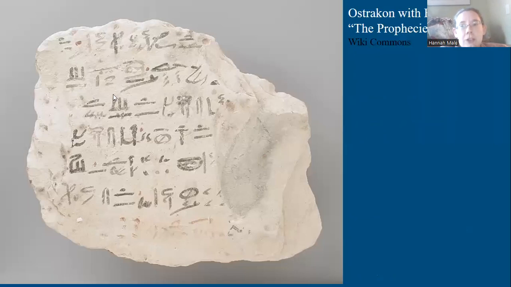This is an ostrakhan with a fragment from another literary text that seems to have been first written down in the Middle Kingdom, but again, stayed in vogue and popularity all the way through the New Kingdom and beyond, called the Prophecies of Neferti.